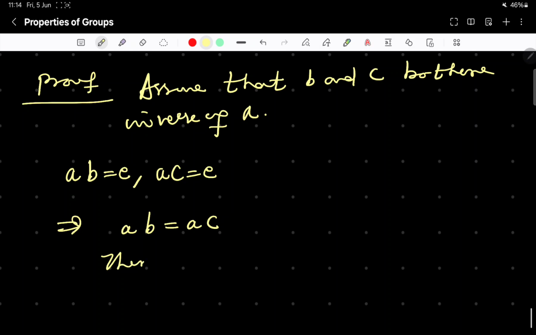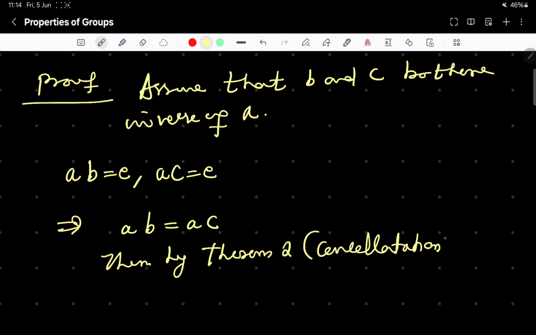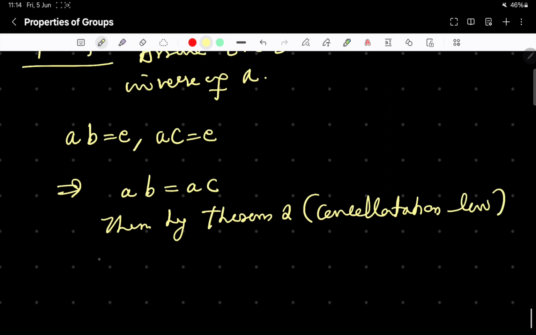Then by theorem 2, or the cancellation law, which we already proved, we can cancel A from both sides. Cancel A from the left side of the equation.